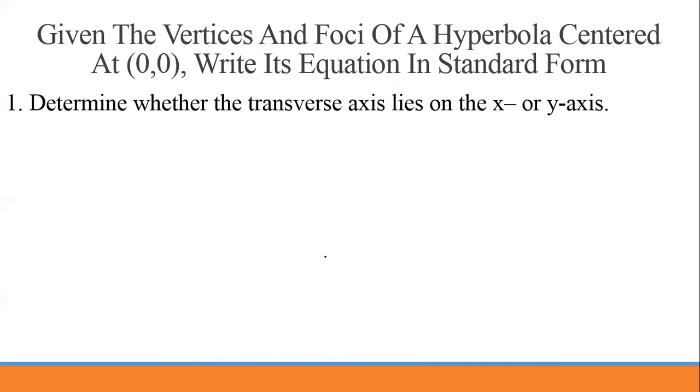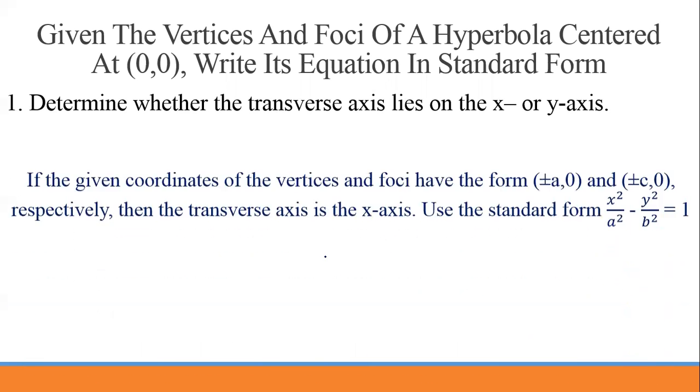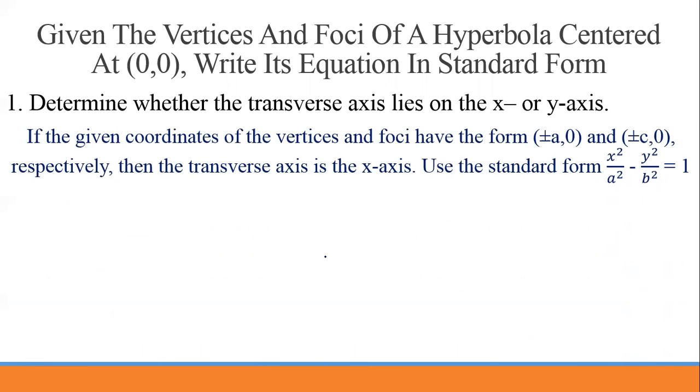First is determine whether the transverse axis lies on the x or y axis. If the given coordinates of the vertices and foci have the form plus and minus a, 0 and plus and minus c, 0 respectively, then the transverse axis is the x-axis, so we have to use this standard form: x squared over a squared minus y squared over b squared equals 1.